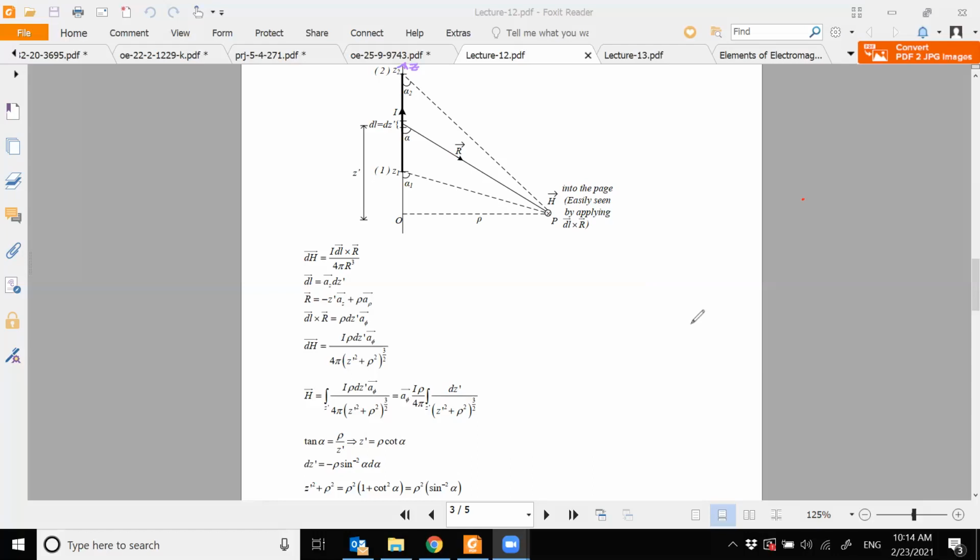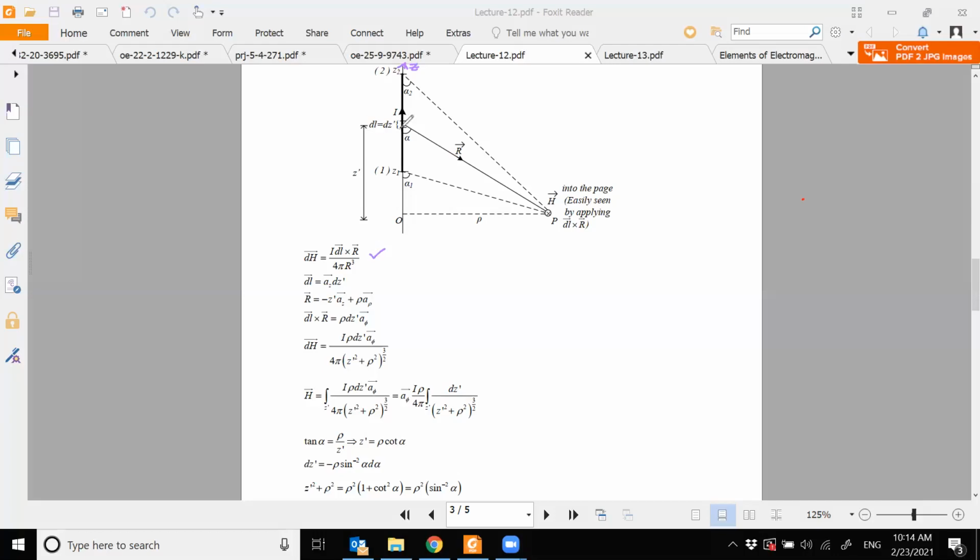So let us start now. What we will do first, we will first find the magnetic field due to this small elemental length using Biot-Savart's law. So what is the Biot-Savart's law? If you see here, dH bar is I dl cross r bar over 4 pi r cube. Now first let us find the dl vector.